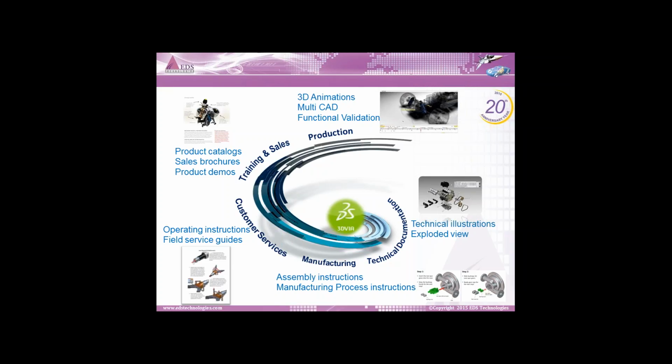And if we come to training and sales, we can make product catalogs. For sales brochures, we have very good rendering so that we can use those images in our brochures. And of course we can give demos for training. If you want to assemble or disassemble, you have a standard way of doing so.